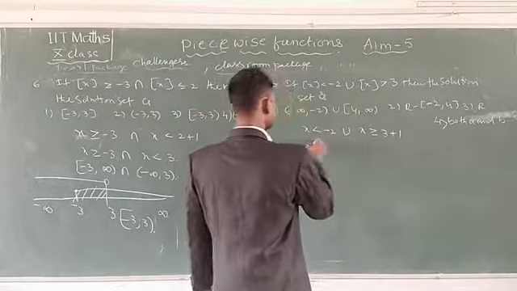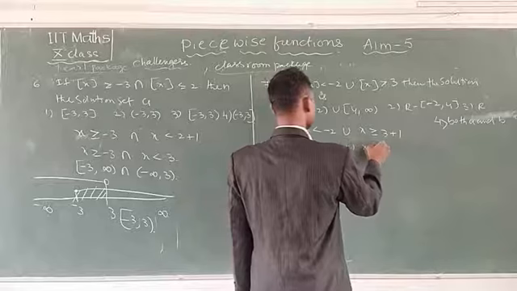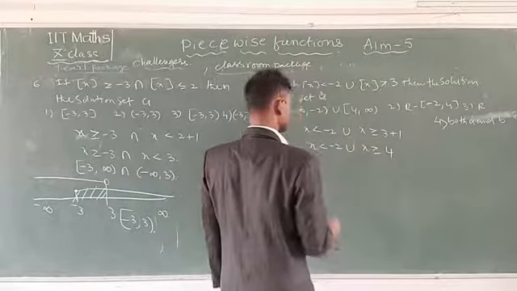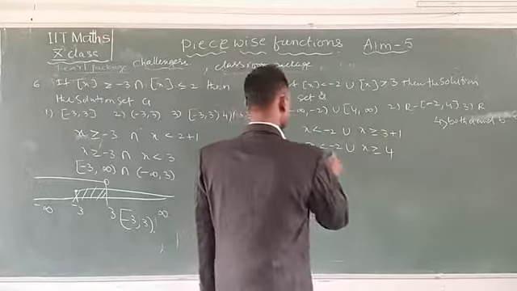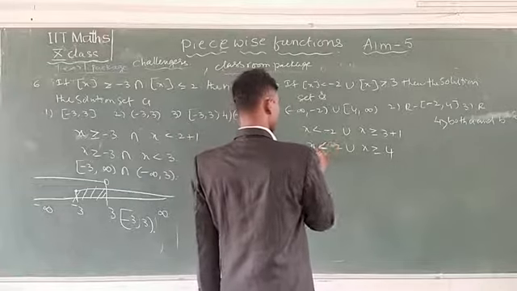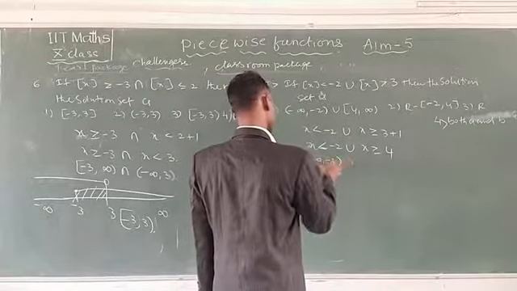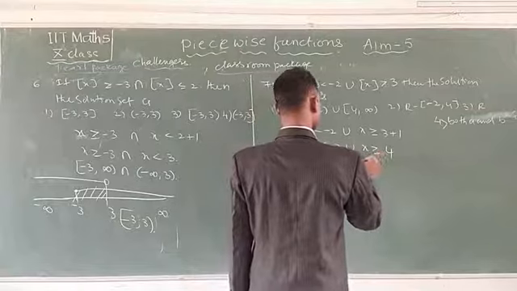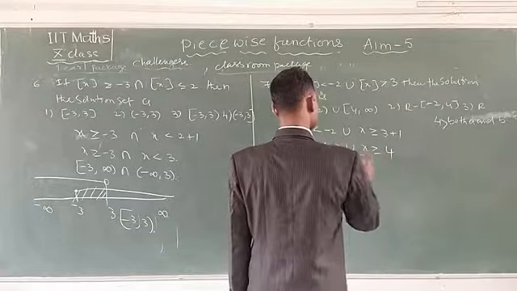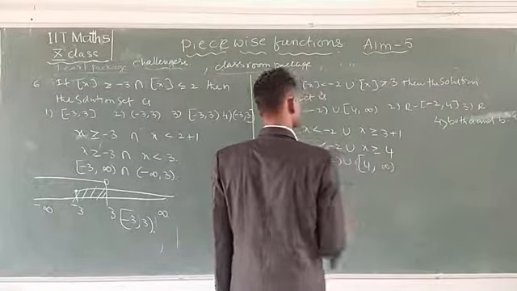Now see here, x is less than minus 2 union x is greater than or equal to 3 plus 1, 4. Now this is written as minus infinity to minus 2 union closed interval 4 to infinity.